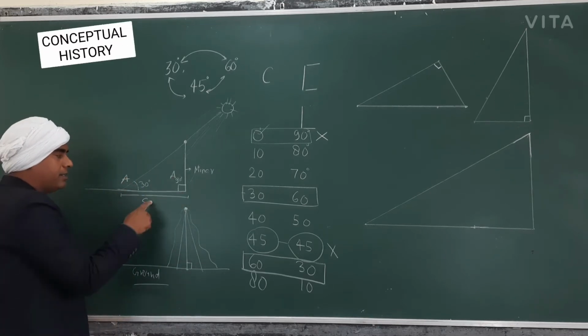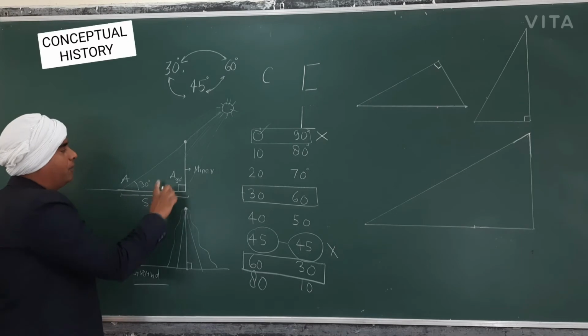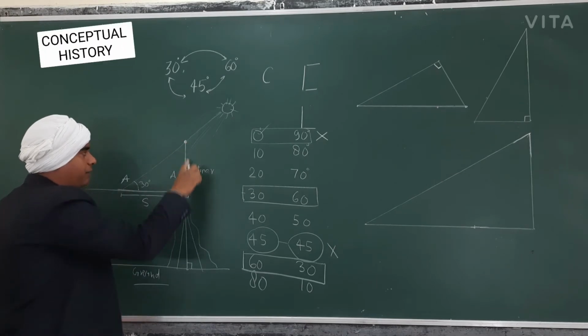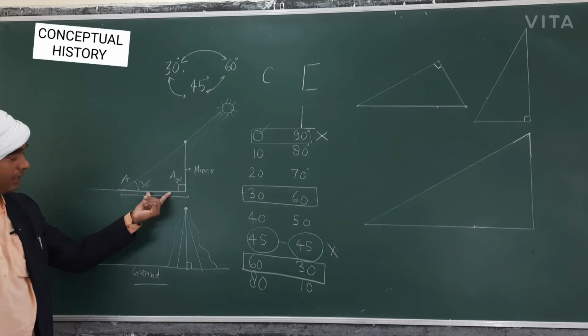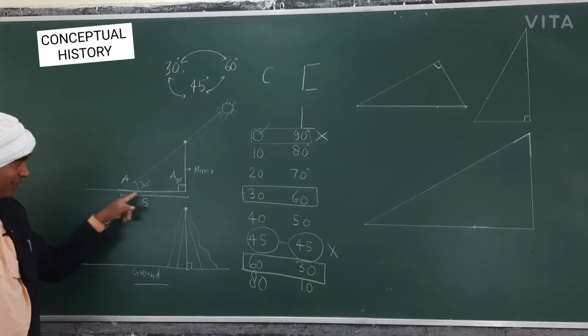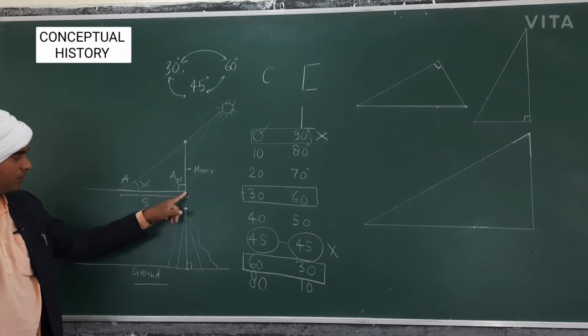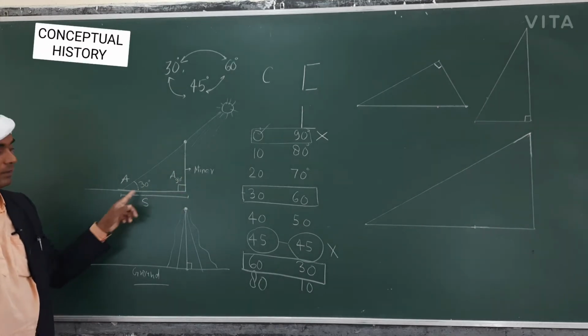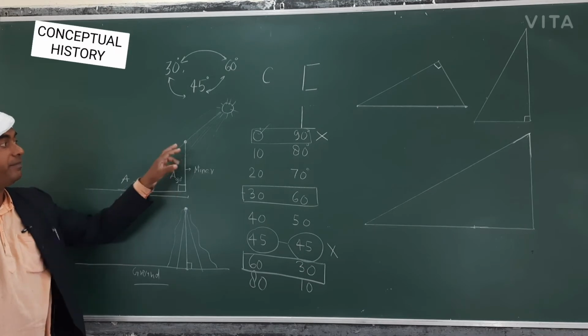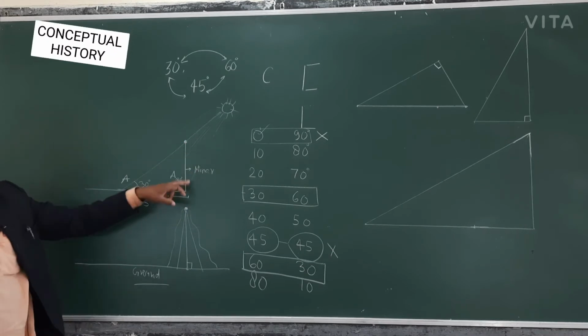So with the help of trigonometry we can find the height of this minar. We will measure the length of the shadow, and we can tell the height of the minar.